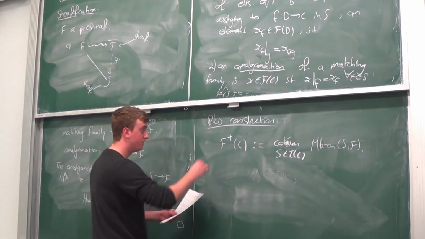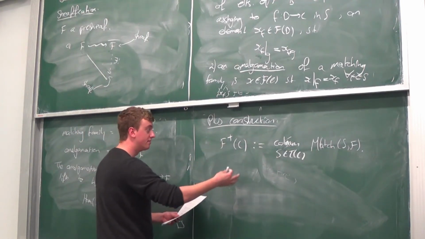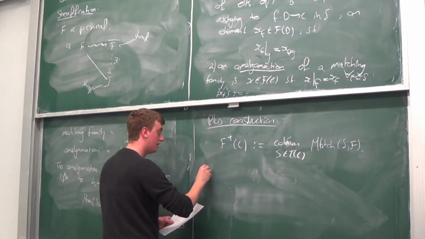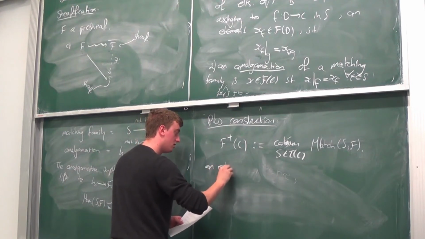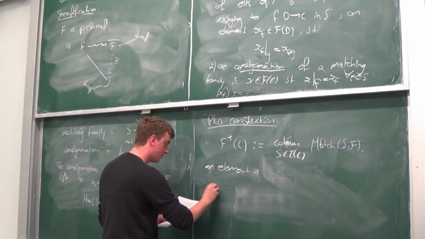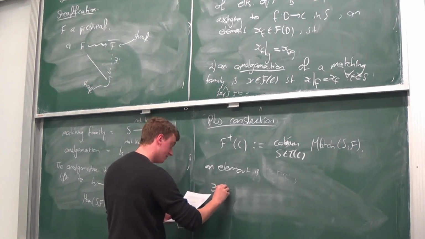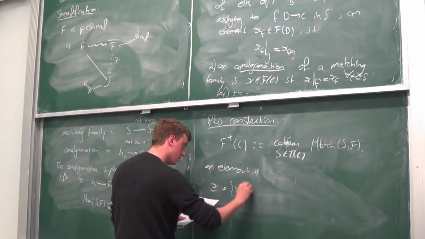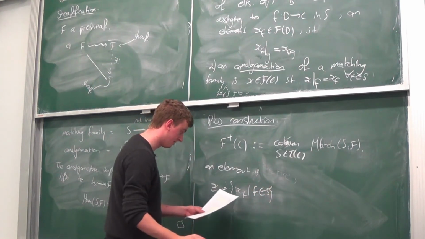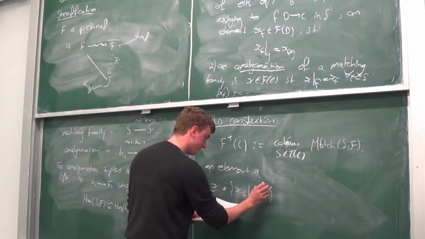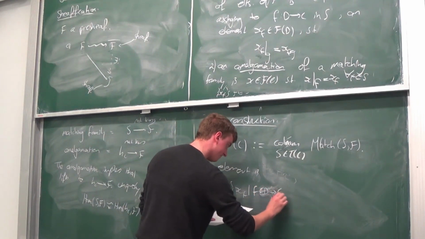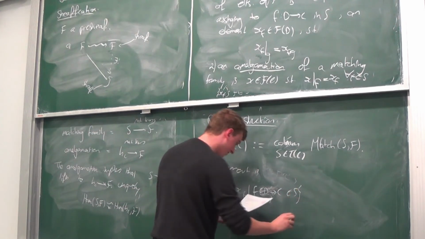So if we unwind this, an element in here is going to be some family bold X of these sections.